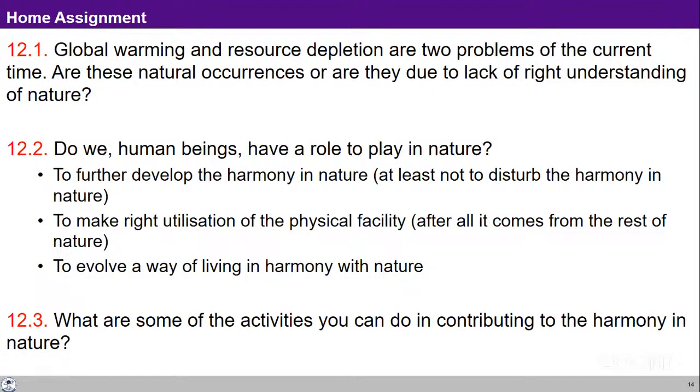Are they happening by themselves naturally, or due to lack of right understanding? You can write in the chat box A or B. If you think they are natural occurrences, write A. And if you think they are due to lack of right understanding, write B.